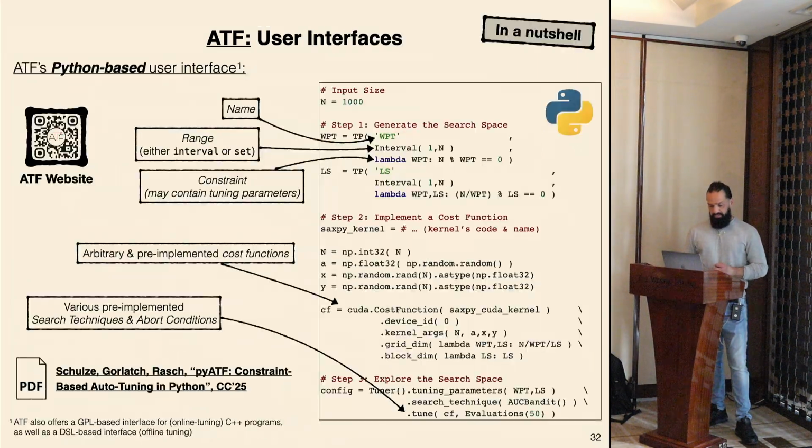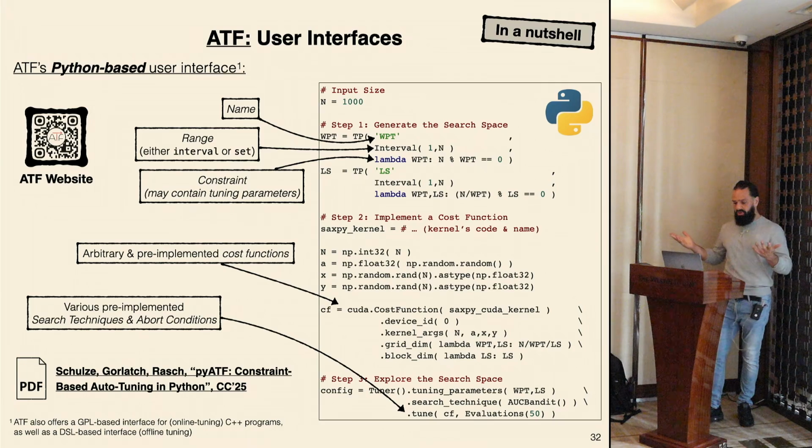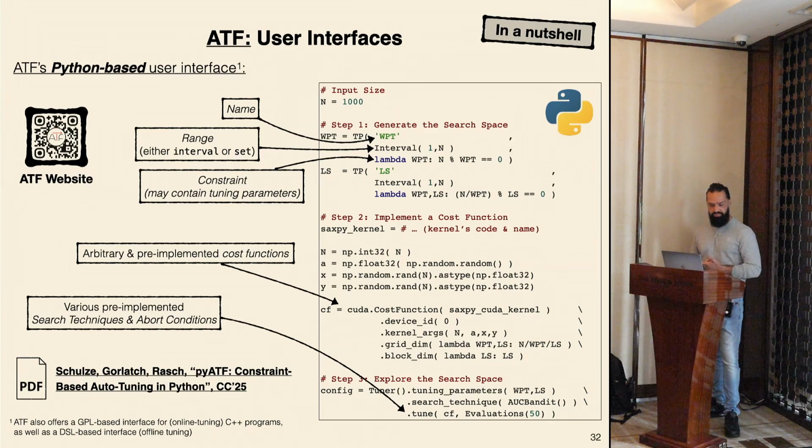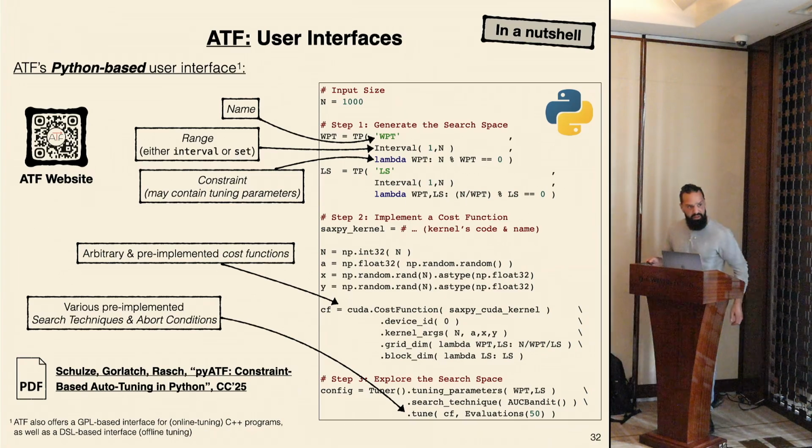Okay, so yeah. And actually for CUDA and OpenCL, we also provide pre-implemented cost functions so that you don't have to implement all this kind of host code where you issue the data transfers and need to compile the OpenCL or CUDA kernel, for example. And yeah, they're also convenient to use. So in this example, you can see the pre-implemented CUDA cost function from us.